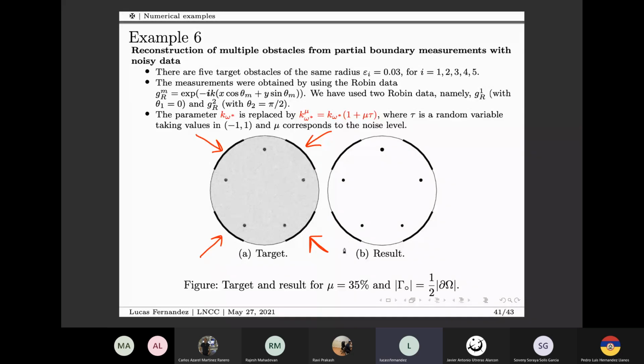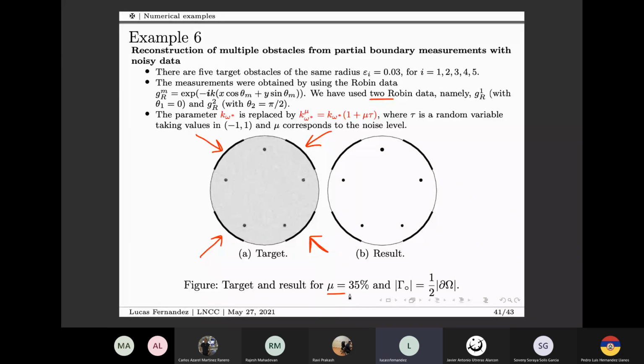The results are obtained from 2 measurements, so it's very good. We can recover 5 obstacles by using just 2 measurements. And in all the results that I will show you, the level of noise is 35%.